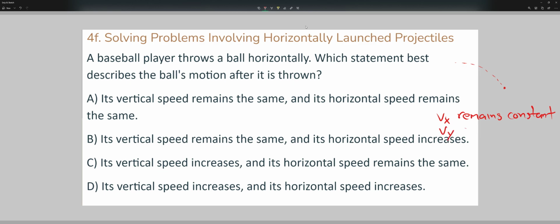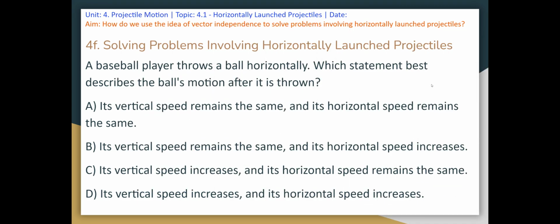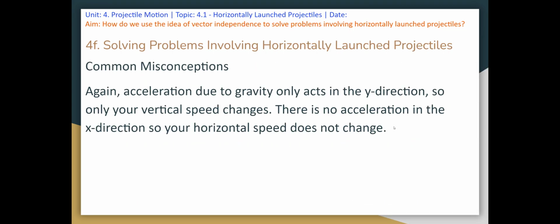My vertical velocity will change because it is accelerating. There's an acceleration in the y direction. There's just no acceleration in the x direction. So the only logical choice here that corresponds with this is C. And that's the answer. That's this lesson. All right, bye-bye.